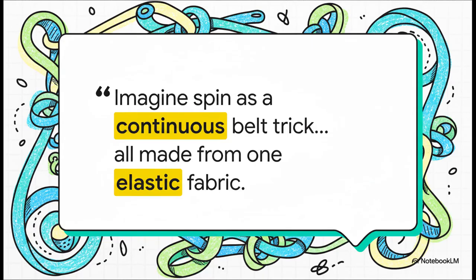This is just such a cool image. Seriously, forget the equations for a minute and just try to picture this. A single, continuous, elastic fabric that makes up all of reality. Now, spin isn't something on that fabric, it is the fabric, just twisted into a specific kind of knot, a permanent, geometric shape that literally is the particle.